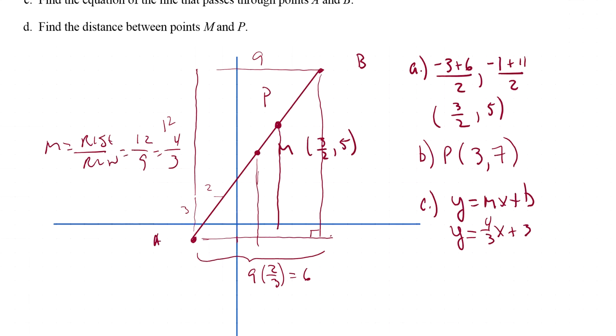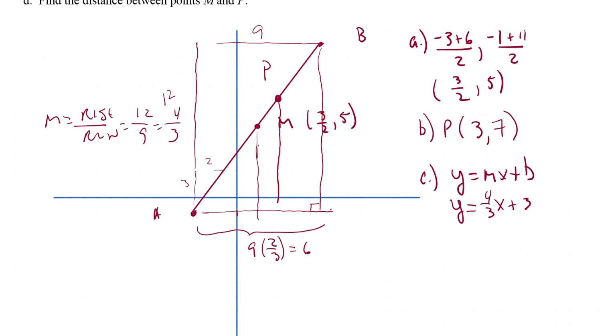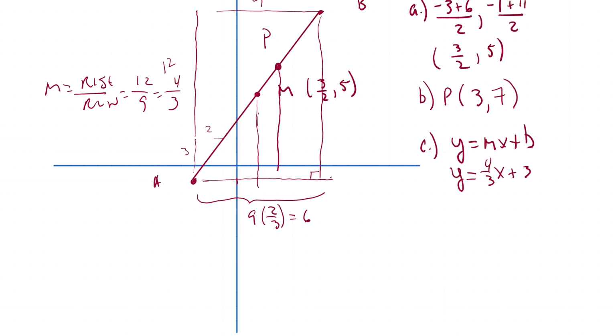Alright, and then we want to find the distance from M to P. Okay, so for the distance, we can use the distance formula, or you could use the Pythagorean theorem. I'm just going to use the distance formula and say distance equals the square root of 3 minus 1.5 squared plus 7 minus 5 squared.